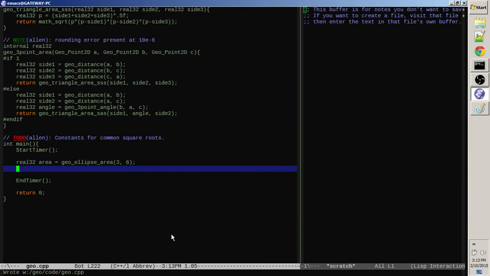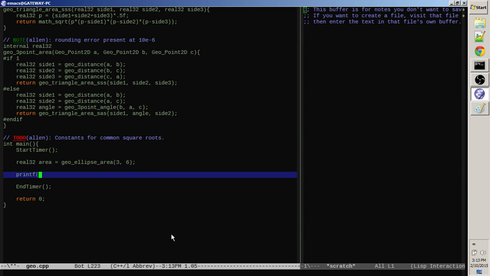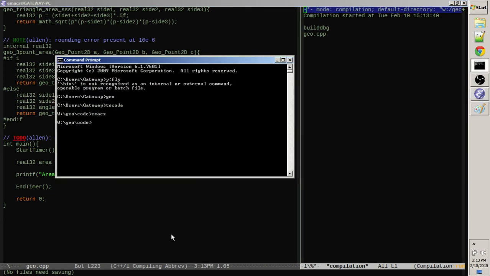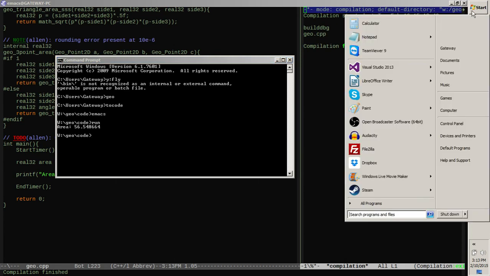And then we'll do print, hopefully it builds. I think it will. There we go. Alright, so let's check that out.